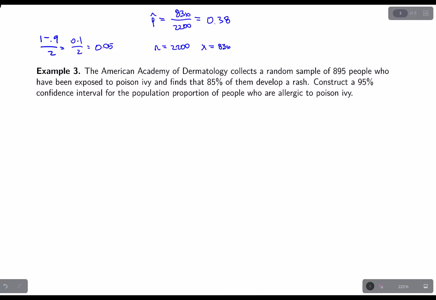Okay, so again, look to what you're being asked to do. You're being asked to construct a 95% confidence interval. And again, it goes on to say to do that for a proportion. So you already have a pretty good idea of exactly what you need to do.